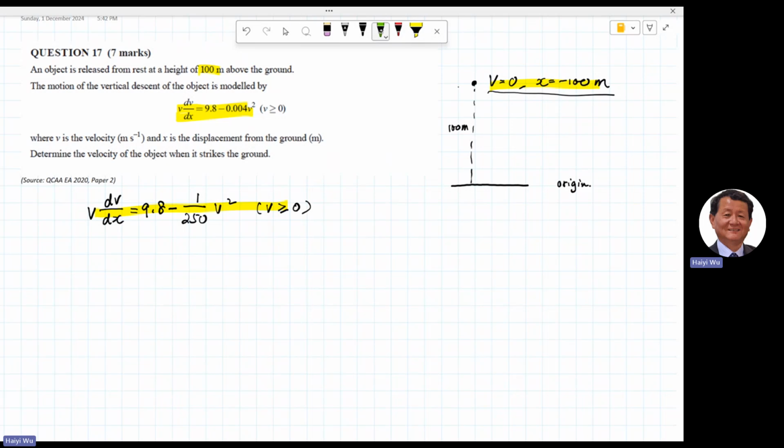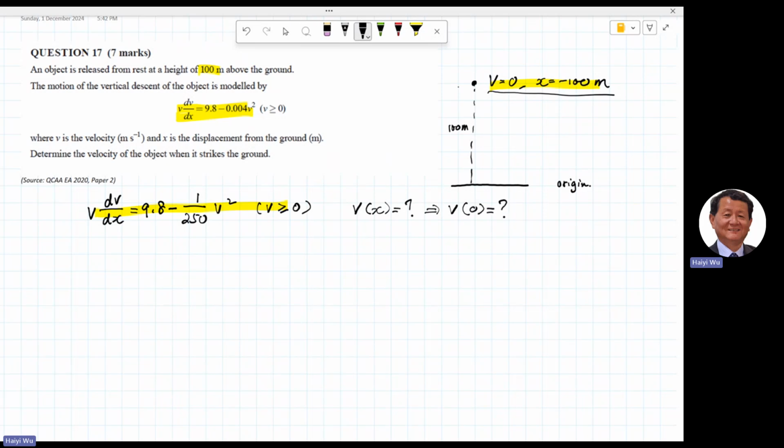So what is the velocity? We need to determine the velocity when the displacement is 0. So we find a velocity function first. Then we need to decide when the object hits the ground, what is the velocity, meaning when x equals 0.